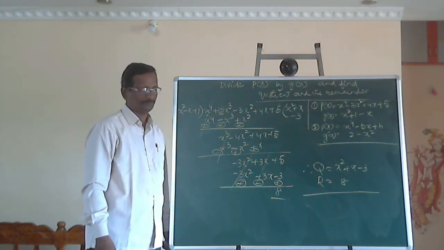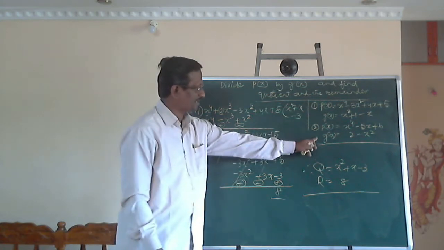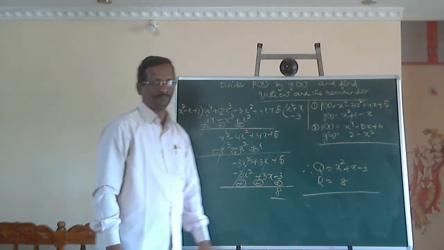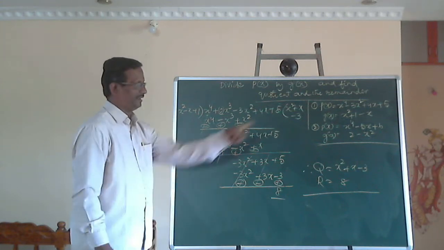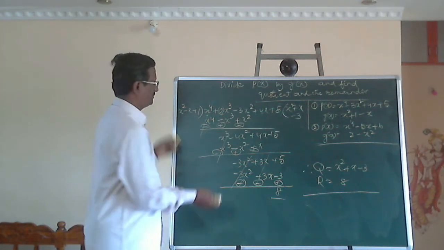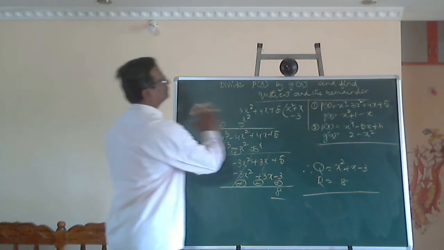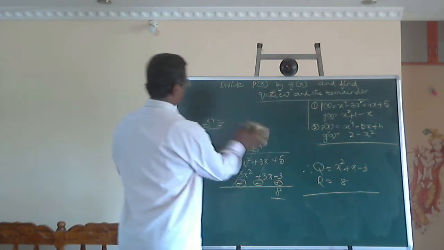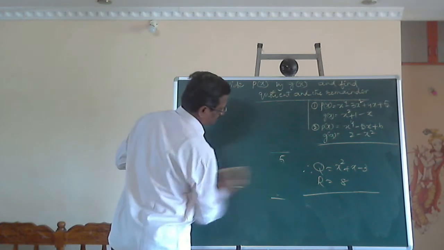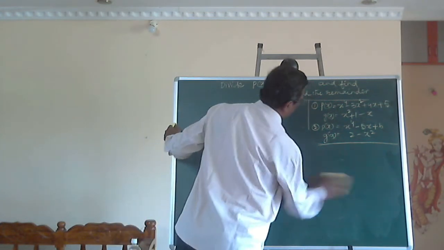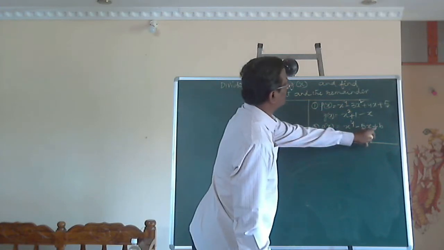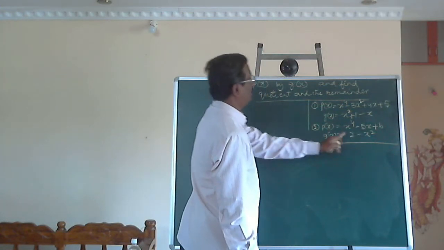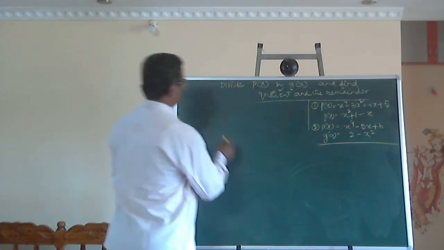Please note. We have another division. Let us do this also. Okay. Now I am erasing and I am going to the next bit. Here x to the power 4 minus 5x plus 6 is the dividend and 2 minus x square is the divisor.